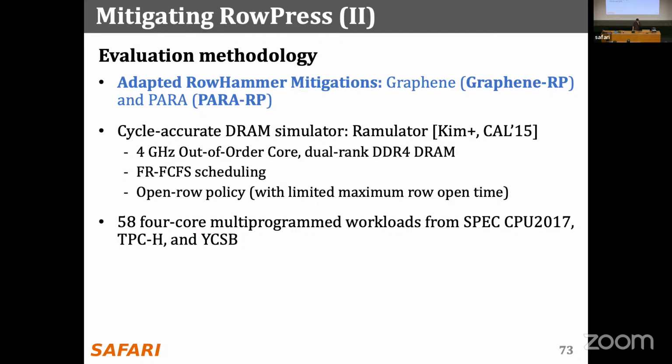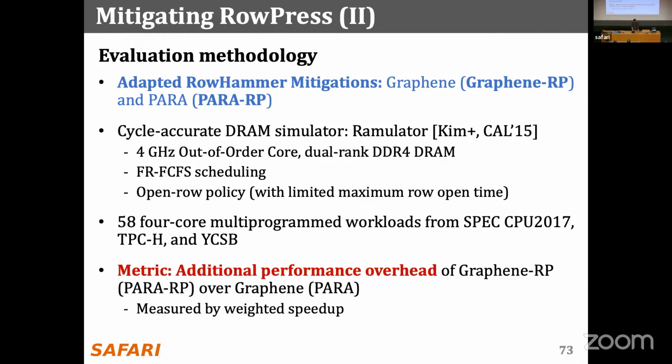We use Ramulator, a cycle-accurate DRAM and memory controller simulator, to implement and simulate the performance overhead of applying our methodology to these two existing mitigation mechanisms. And we look at the additional performance overhead of this adapted version of the mitigation over the original versions.